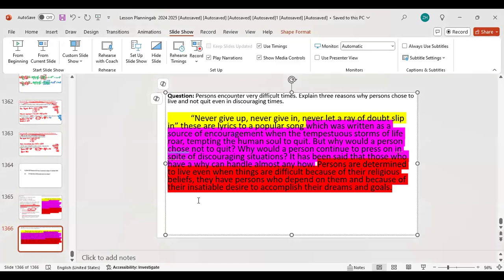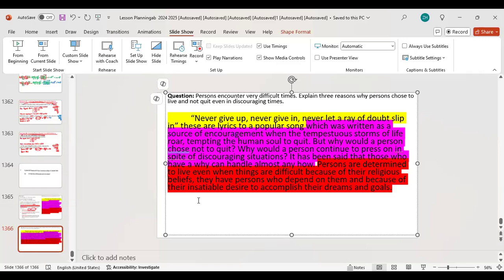Now we're gonna do our first body paragraph. So our first body paragraph, we have to start off with our what? What we must always start off with is our reason. Our what? Our topic sentence. Our position.